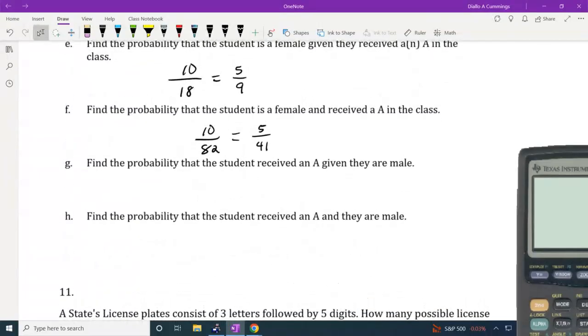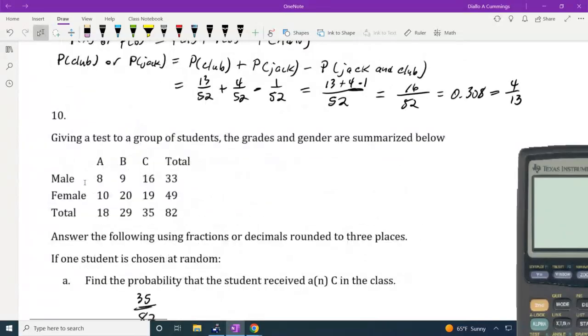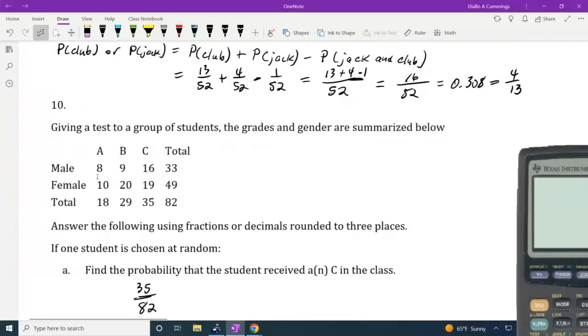All right, and the last one says find the probability that the student received an A and they are male. So I don't see the word given. So our total here is what? The 82 students in the course. Out of those 82, how many were male and received an A? 8.